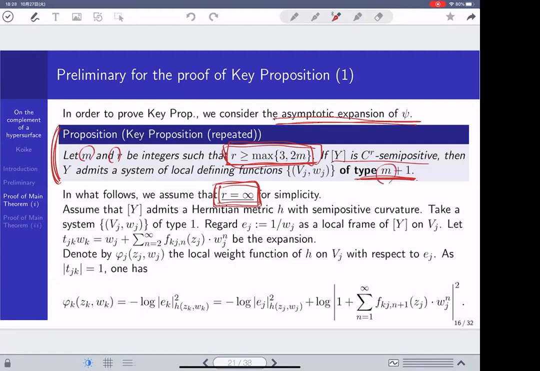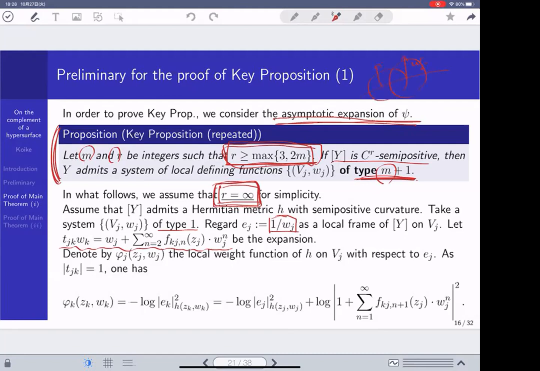Assume that Y admits a Hermitian metric h with semi-positive curvature. Take a system of type 1. Regard this one as a local frame of the normal bundle on each Vj, and let this one be the expansion. Actually, Wj's are just a system of type 1.